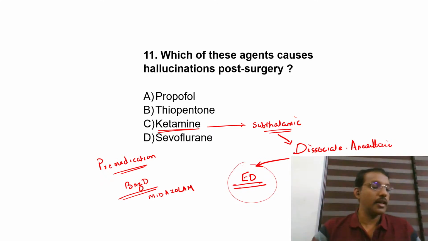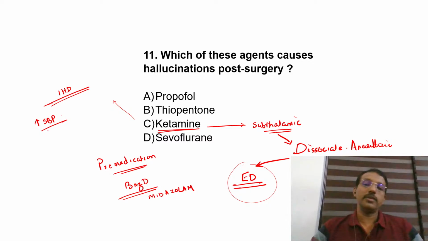Now, is ketamine the only cardioprotective IV agent? No, dear. Ketamine should not be given to a patient with cardiac disease, especially ischemic heart disease, because ketamine increases the systemic blood pressure to a significant extent, and that is why the afterload increases.